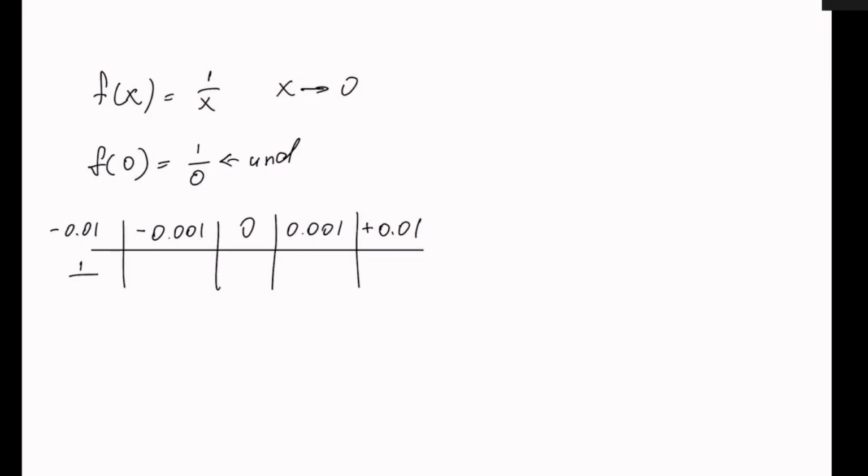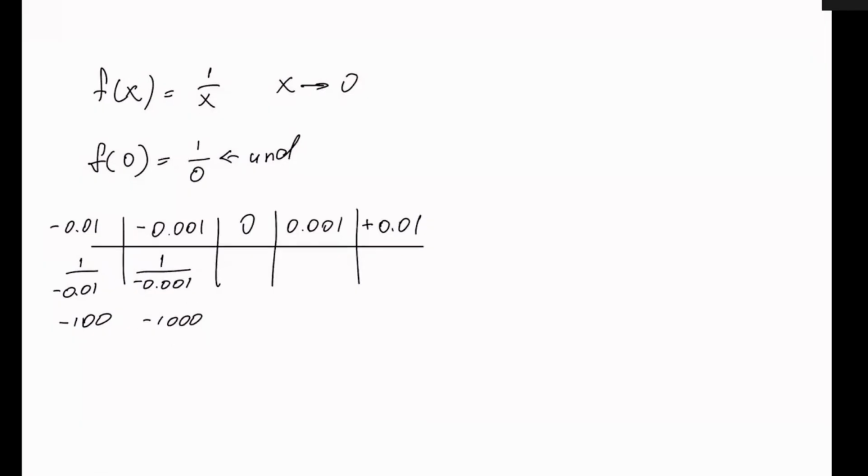So we have 1 over negative 0.01, which is negative 100, and then 1 over negative 0.001 is going to be negative 1000. As you can see, we're approaching a large negative number. And on the right side, we have 1 over 0.01, which is 100, and 1 over 0.001, which is 1000.